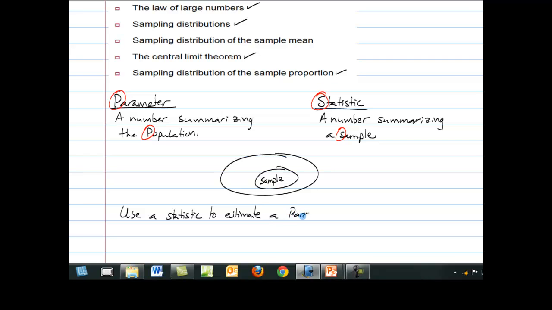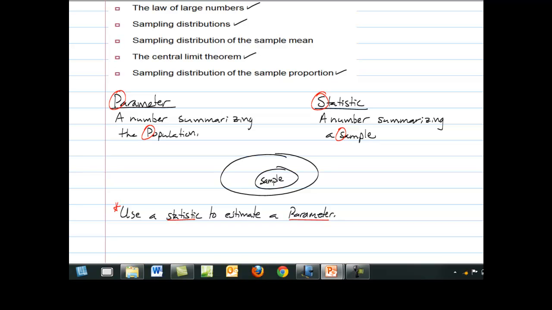Because again, a parameter is a good measurement of a value from a population. We can't come up with that value from the population because we can't do a census, so we use a statistic to estimate it. And again, this is a good type of test question as well. A statistic is used to estimate a parameter. Parameters don't estimate statistics. It only moves in one direction.